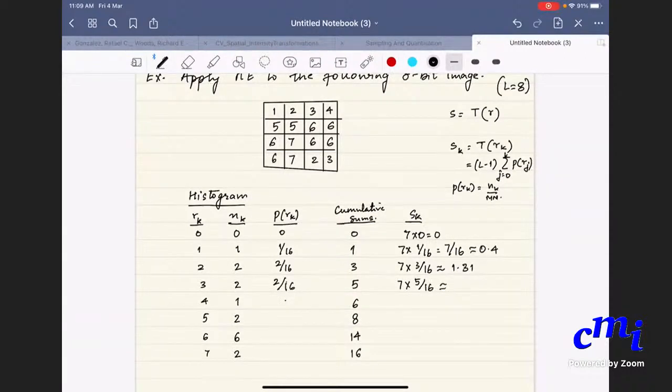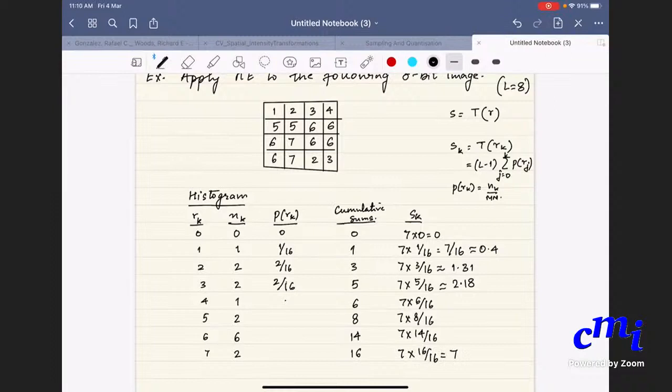This is approximately 2.18, and so on. So 7 times 6 by 16, 7 times 8 by 16, 7 times 14 by 16, and as you would expect, the last one is 7 times 16 by 16, which is 7.